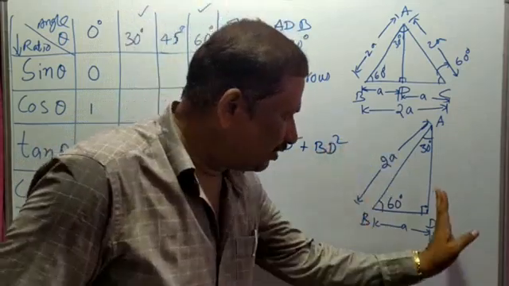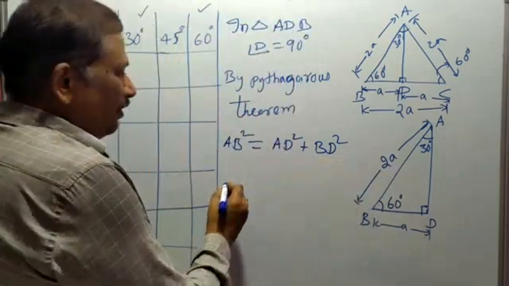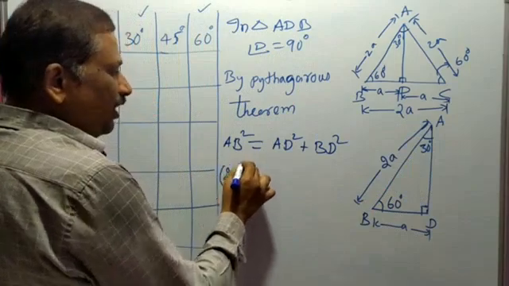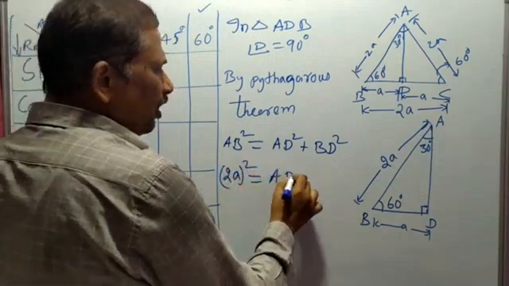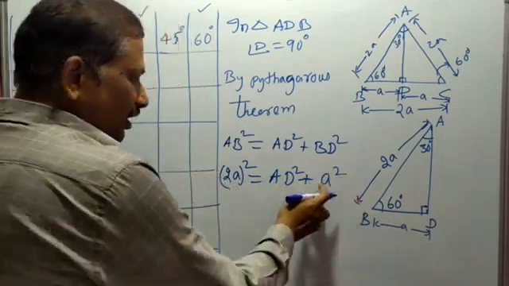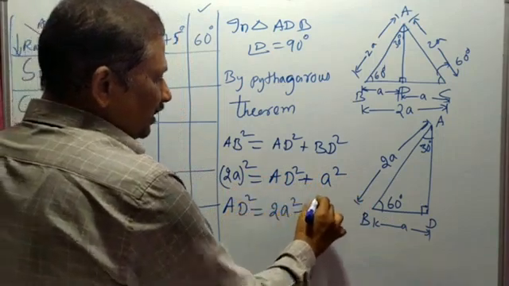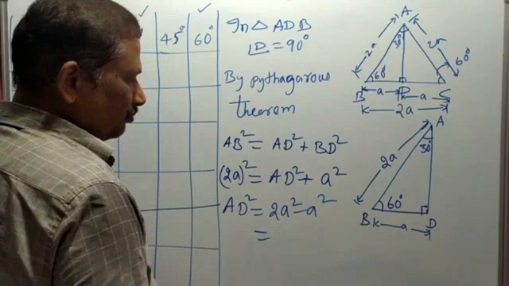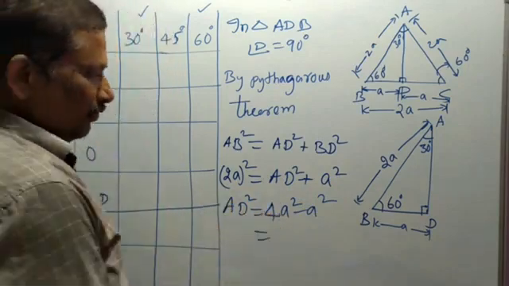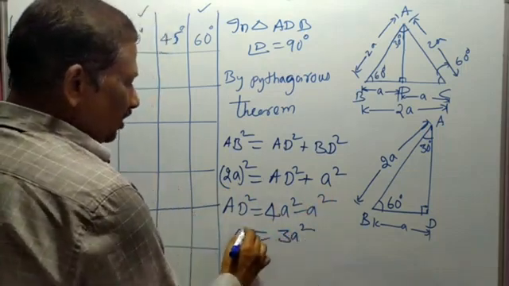AB is 2a whole square, AD we don't know, BD is a square. So AD square is equal to (2a) square minus a square, that is 4a square minus a square, which is 3a square.